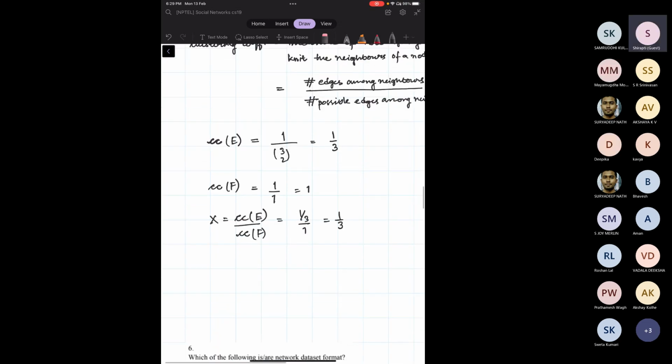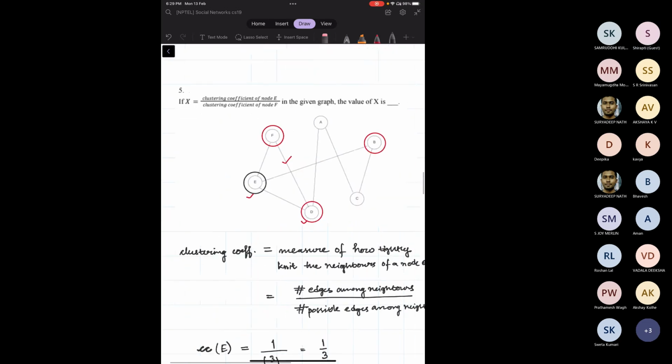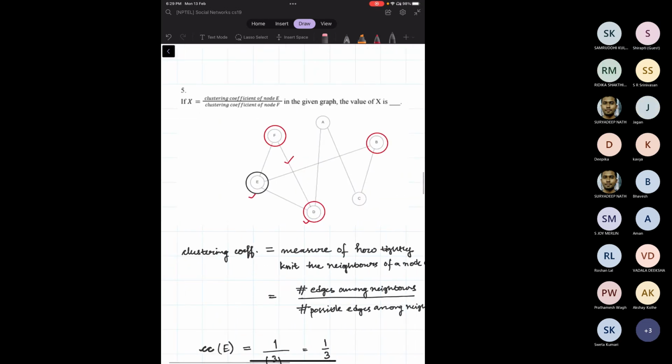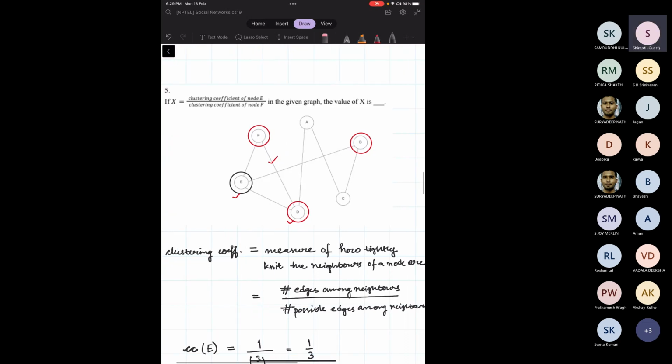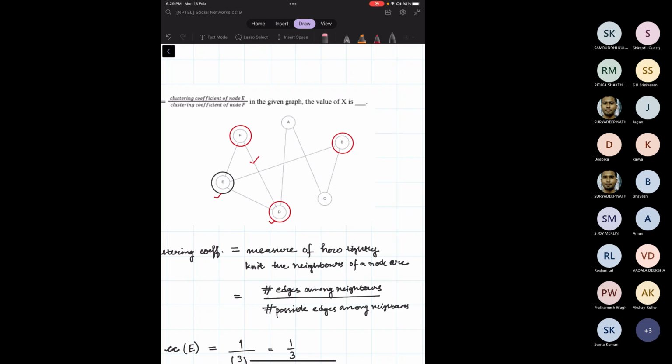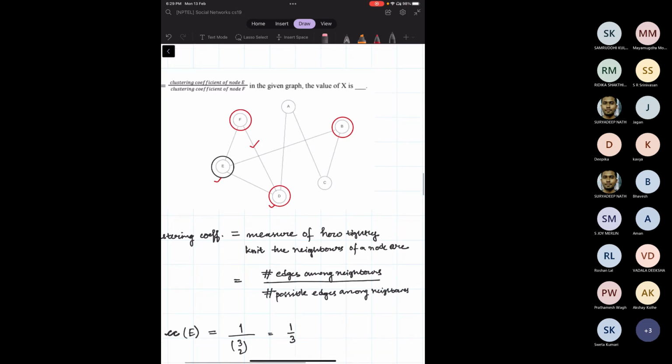Can you please repeat it again? Okay, so you understood what clustering coefficient means. Yes, sir. So it is basically the measure of how tightly knit the neighbors are. It's the ratio of the number of edges among neighbors and the possible number of edges among neighbors. So possible means all possible.